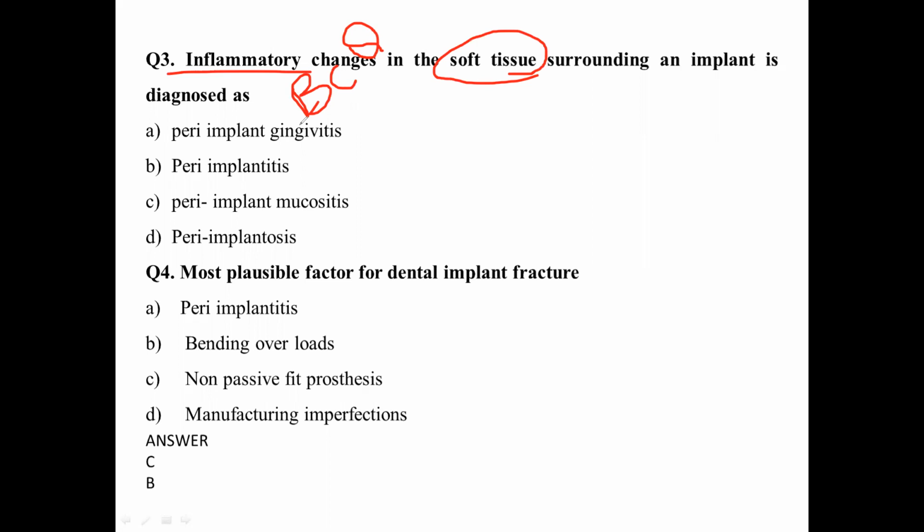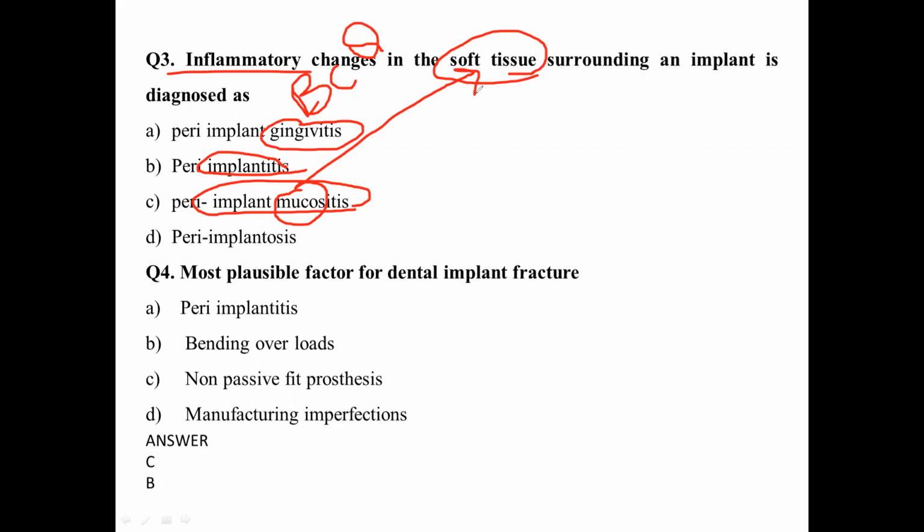Is it peri-implant gingivitis? Is it peri-implantitis? Or peri-implant mucositis? Soft tissue, mucosa. So it is peri-implant mucositis.